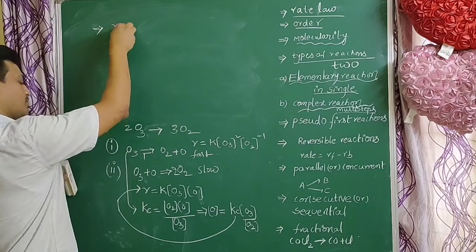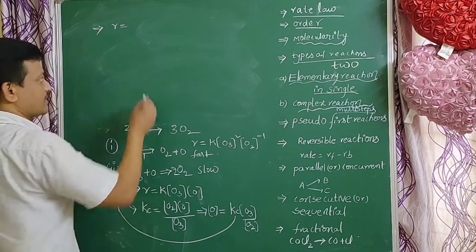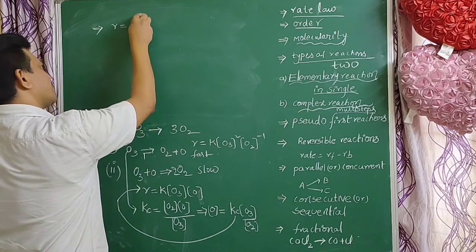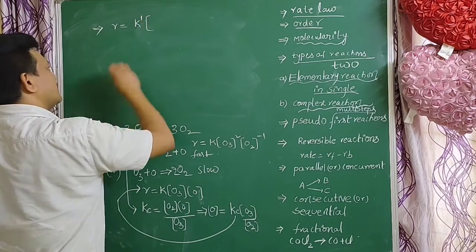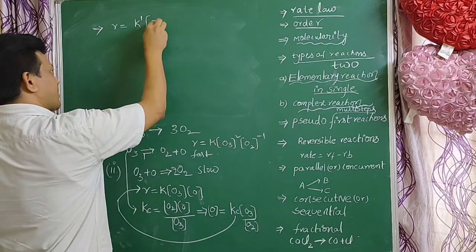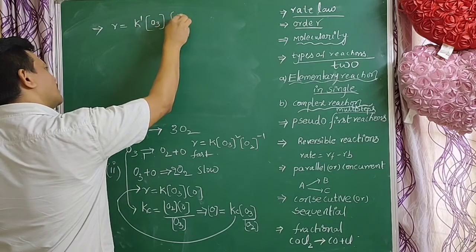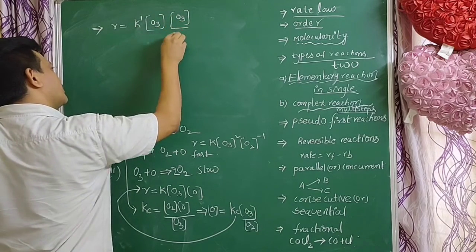So rate equals a constant into a constant, a new constant, that is the rate constant, into O3 into O3 by O2.